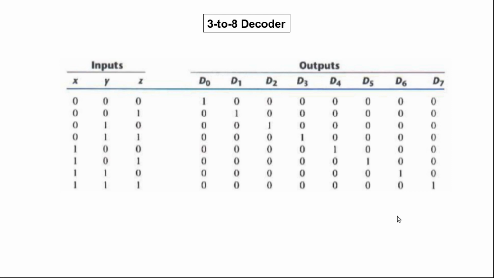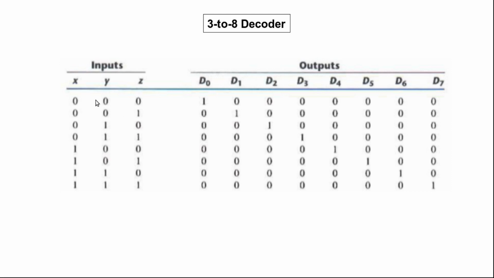Now here is the truth table for the 3 to 8 decoder. So for the 3 to 8 decoder, we will have 3 inputs and 8 outputs, and again, if we consider the input to be a binary number, it is being decoded to assert the corresponding output line.